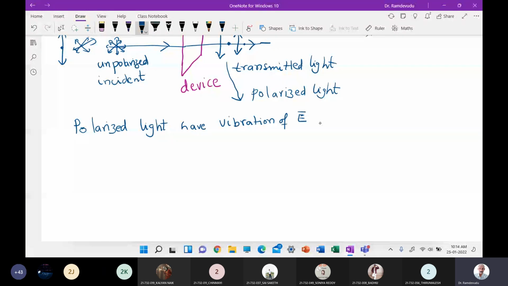Polarized light has vibrations of E vector confined to a particular direction, a particular plane or planes, maybe a few planes. A polarized light has vibrations of E vector confined to particular planes or directions.